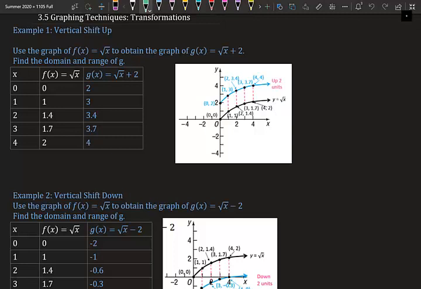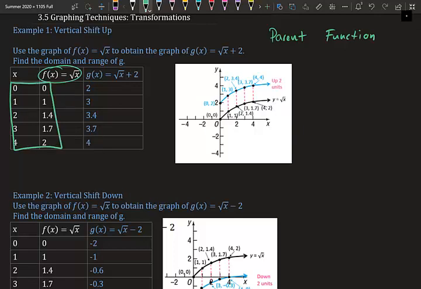Okay, so the white graph is called the parent function because it's before you do anything. It's before you add, before you subtract, before you multiply, before you divide. That's called the parent function. So if you wanted to use transformations, you need to memorize that.